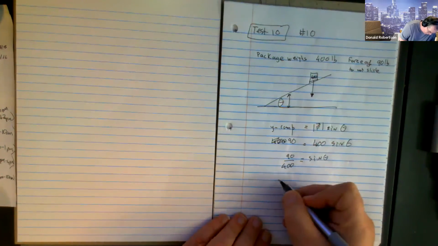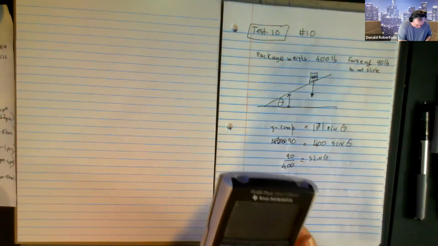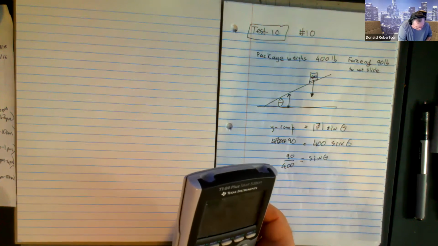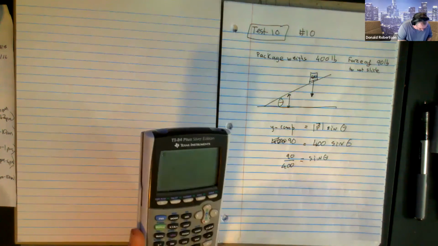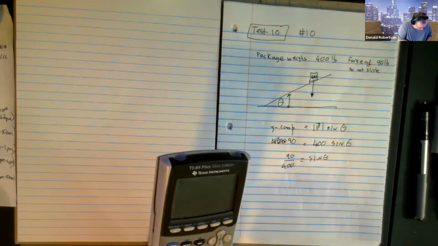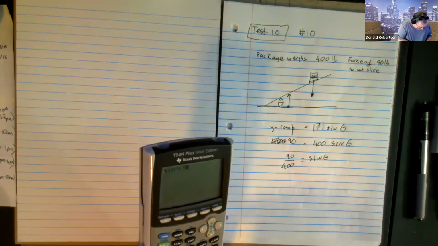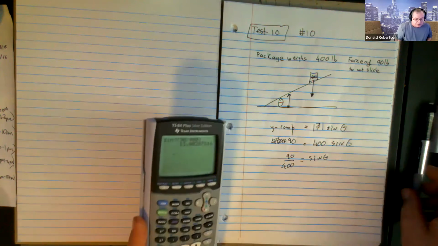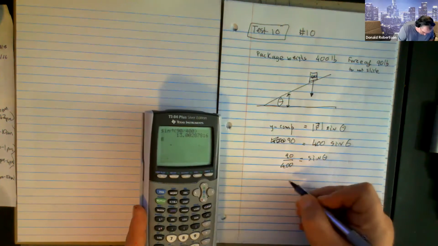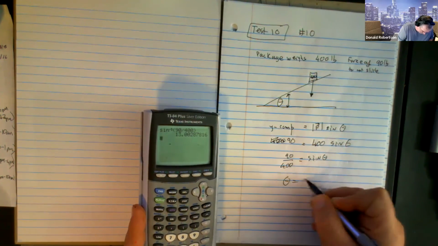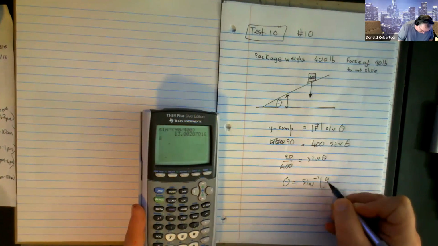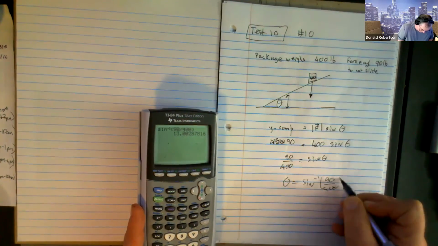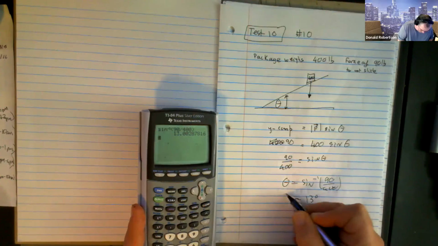And so I just need to do an inverse sine. Am I in degrees? I am. And so inverse sine of 90 divided by 400. And the answer I get is about 13 degrees. And that's the right answer.